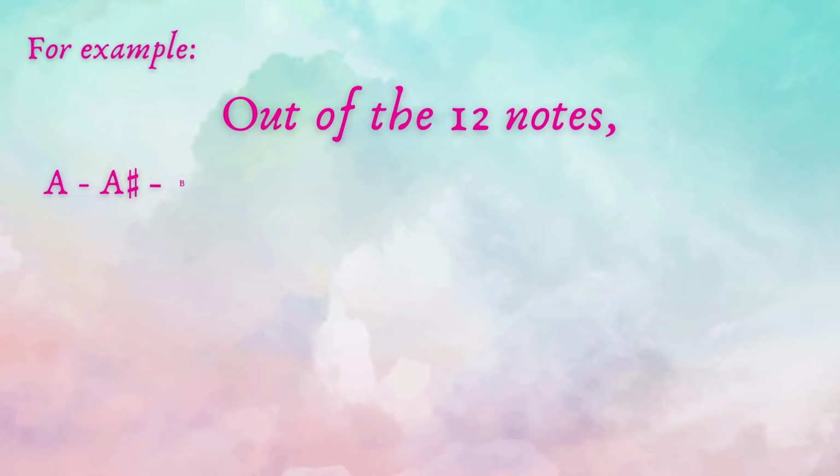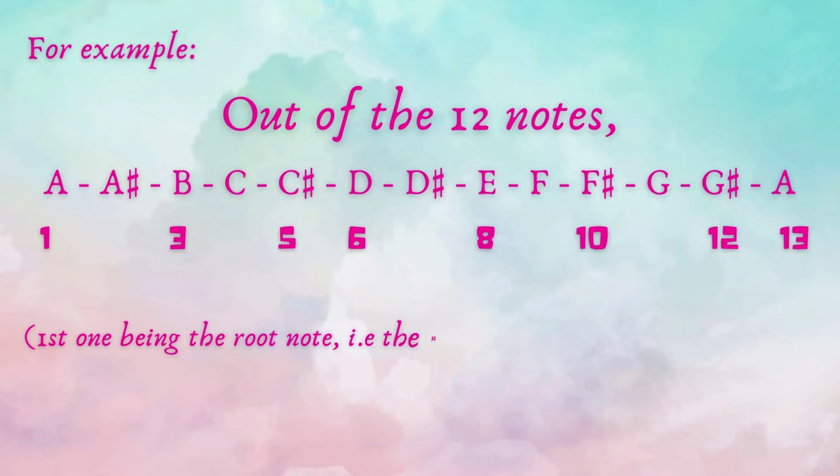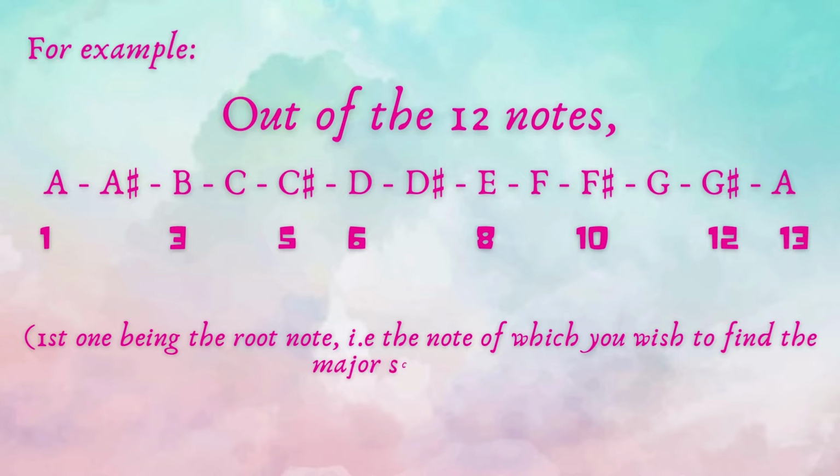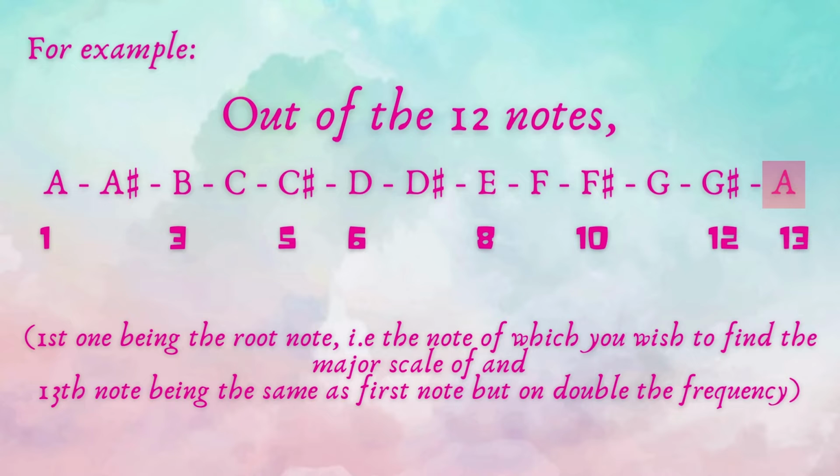For example, out of these 12 notes, A, A sharp, B, C, C sharp, D, D sharp, E, F, F sharp, G, G sharp, and back to A. If we have to find the A major scale, we'll count the notes 1, 3, 5, 6, 8, 10, 12 and 13th.